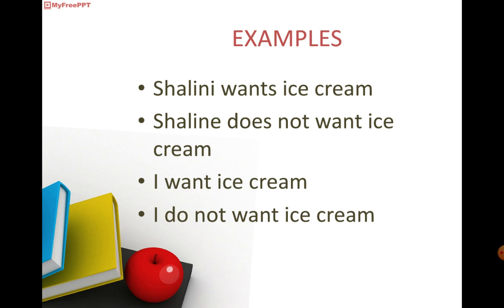Whenever we have I, you, we, they, etc., we should use do. Like I do, you do, we do, they do. Whereas when we have third person pronouns like she, he, it, Shalini, Kumari, etc., we have to say he does, she does, Shalini does, Kumari does, etc.